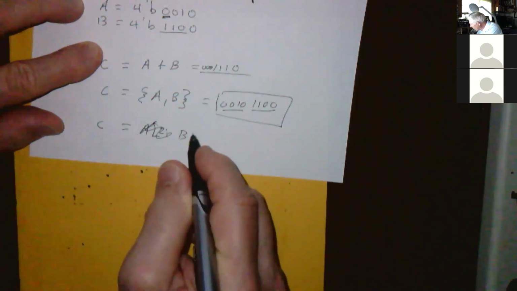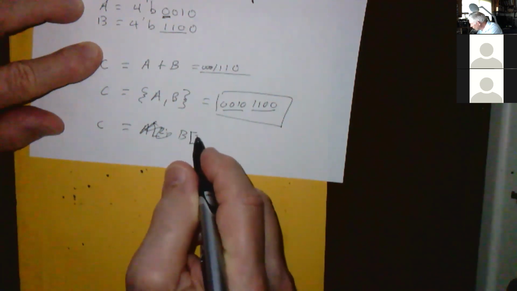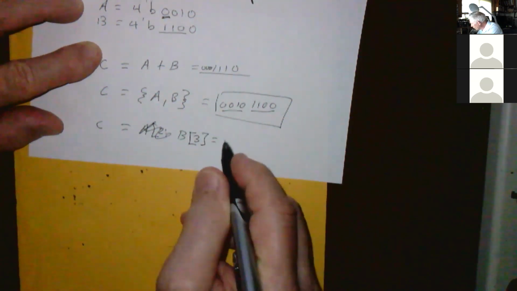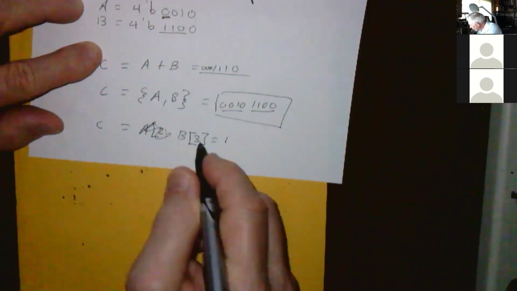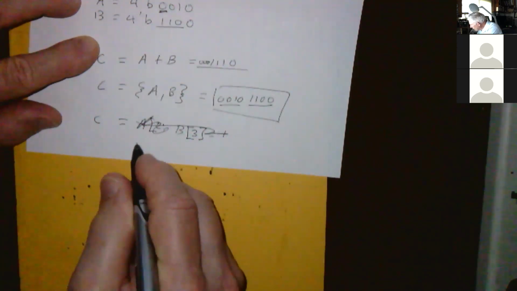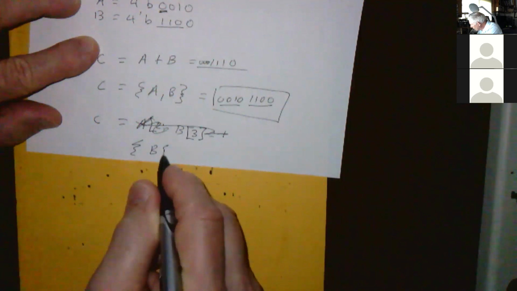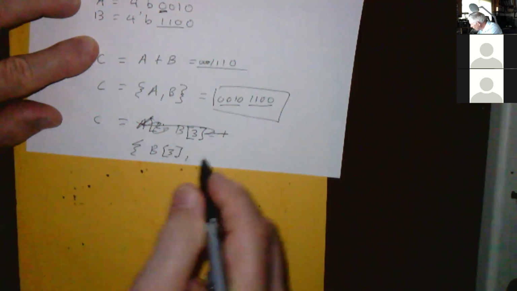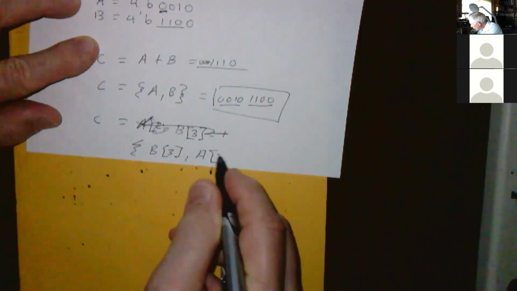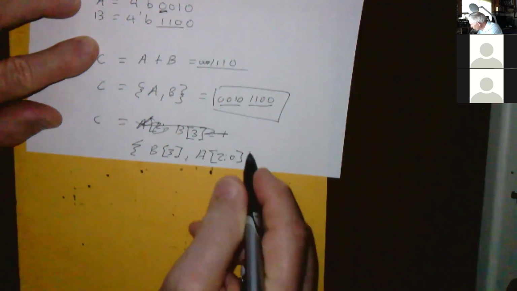We'll say B 3 equals, we say curly brace B 3 comma A 2 to 0, curly brace.